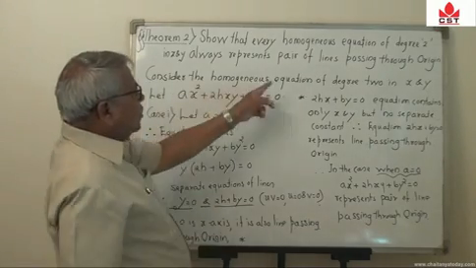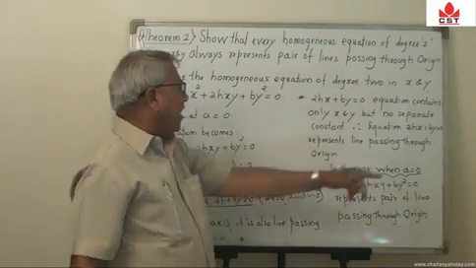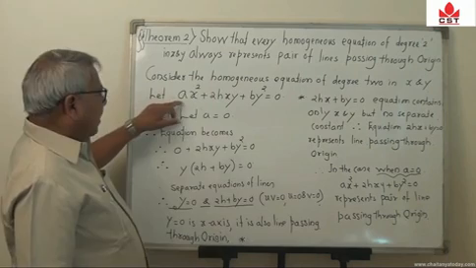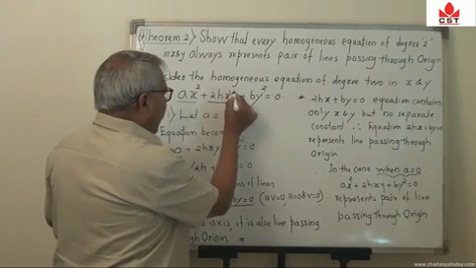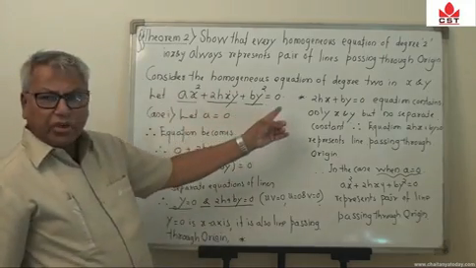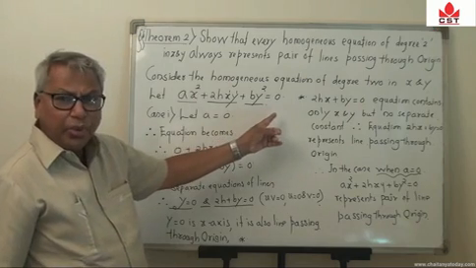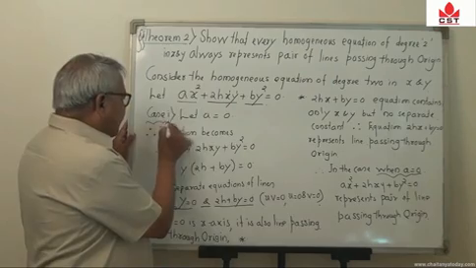Consider the homogeneous equation of degree 2 in x and y, that is, ax square plus 2hxy plus by square, a homogeneous equation of degree 2 in x and y. Let us consider some cases.